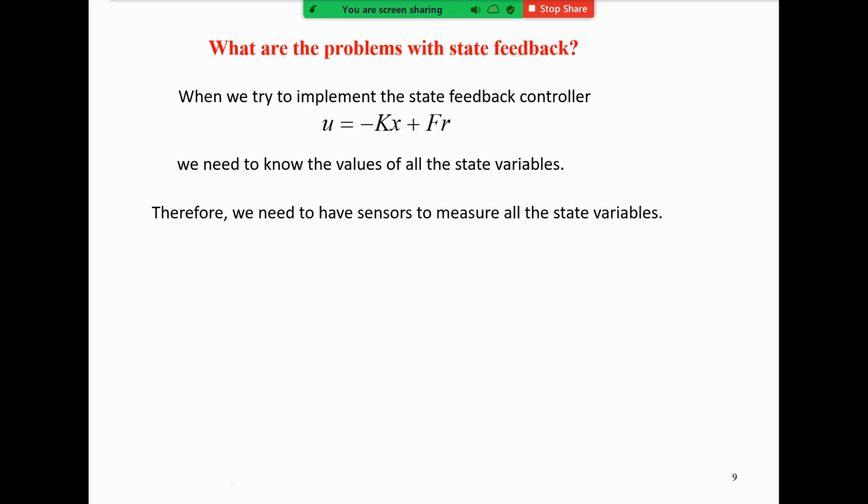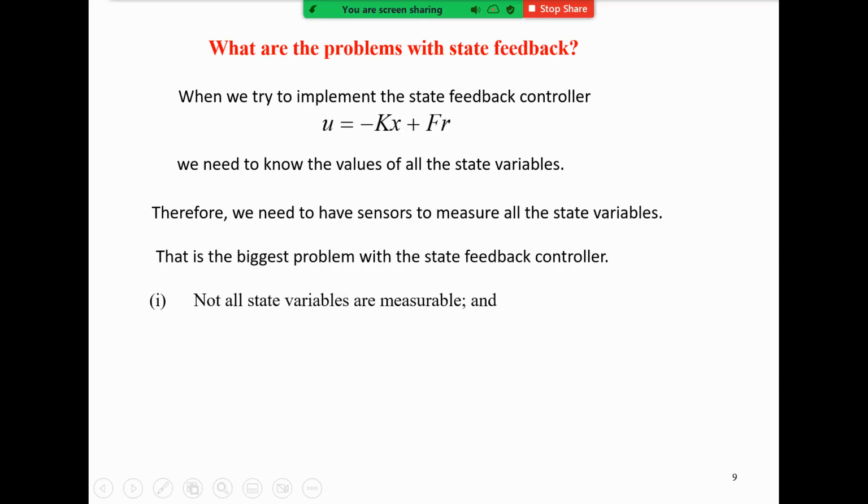Imagine if the system consists of a lot of state variables. You may have some issues. The first, direct one is that maybe not all the state variables can be measured.